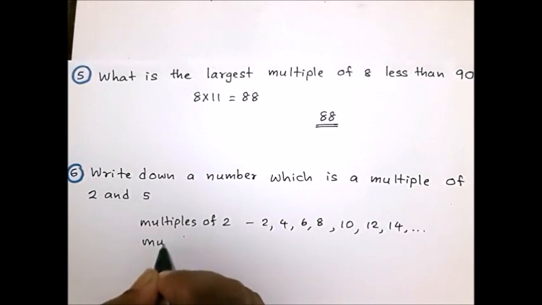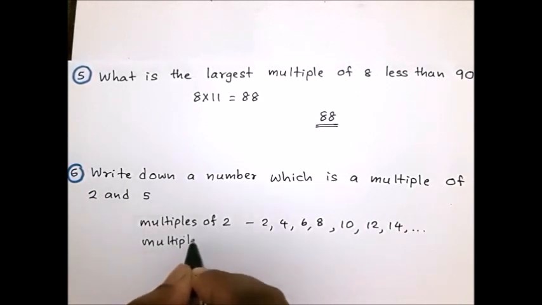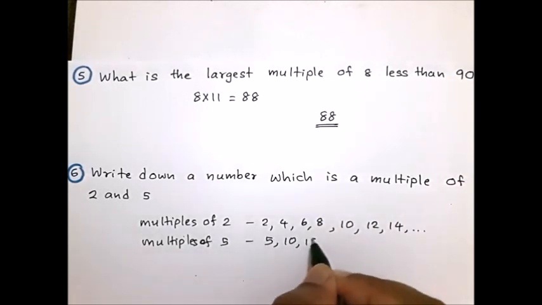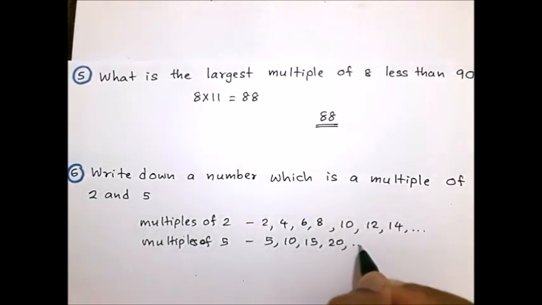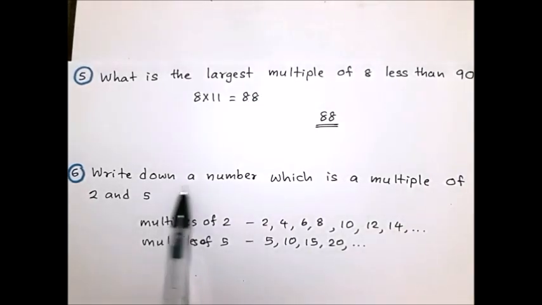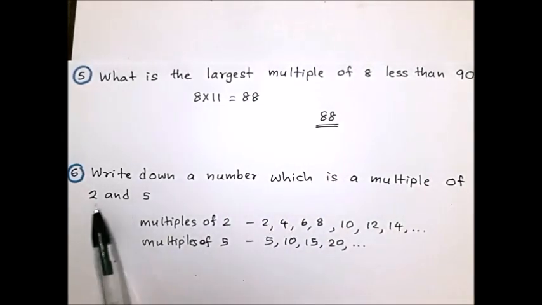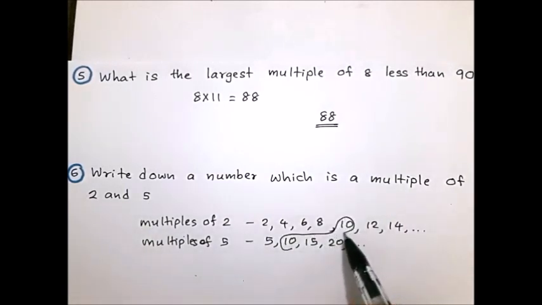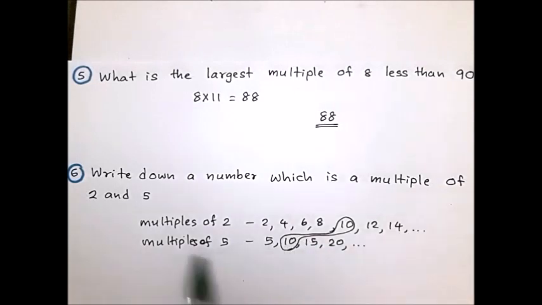Then write the multiples of 5: 5, 10, 15, 20. The question asks, write down a number which is a multiple of both 2 and 5. You can see here 10. 10 is common to both the multiples of 2 and the multiples of 5. So the answer is 10.